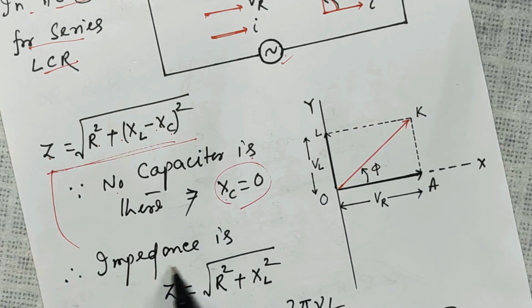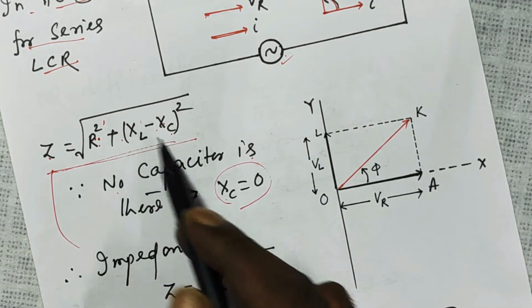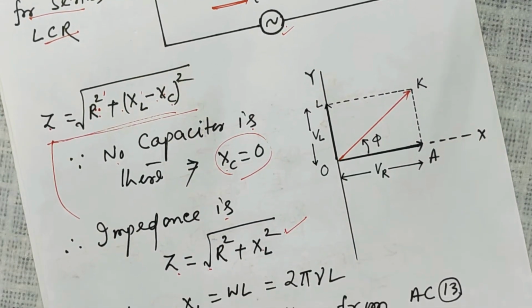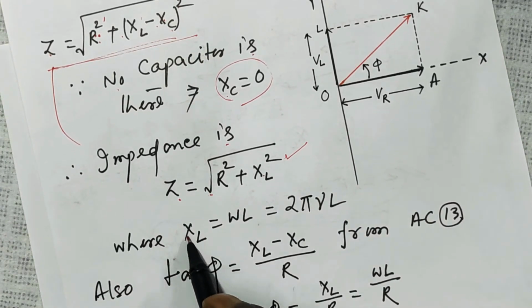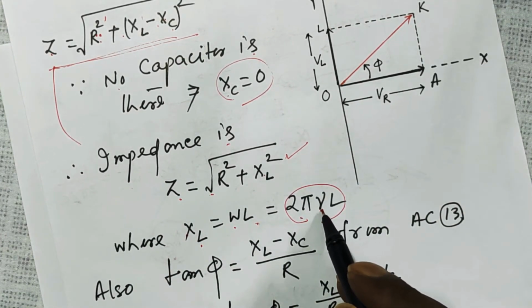So from this your impedance Z will be just square root of R square plus XL square, where XL is equal to omega L, 2 pi nu L, where nu is the frequency of the applied voltage.